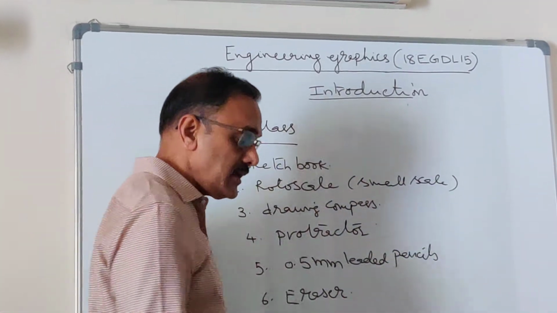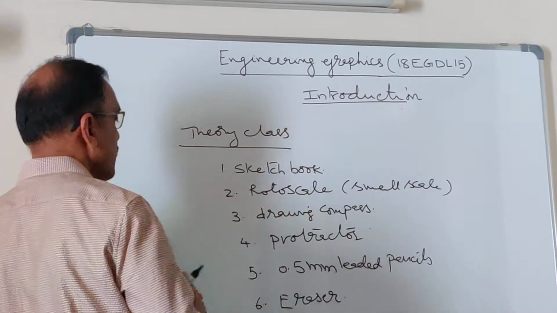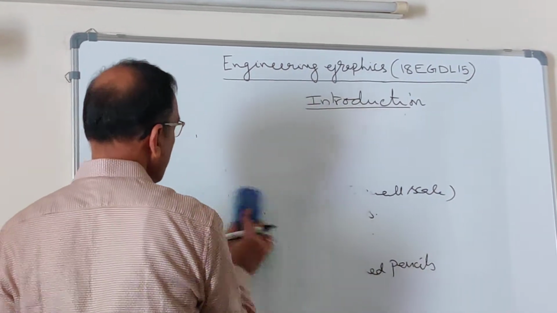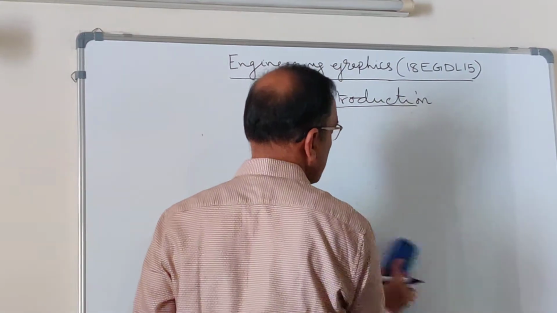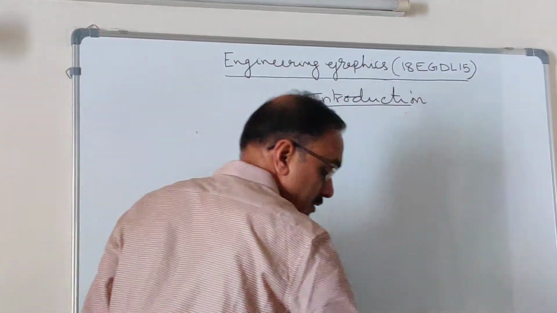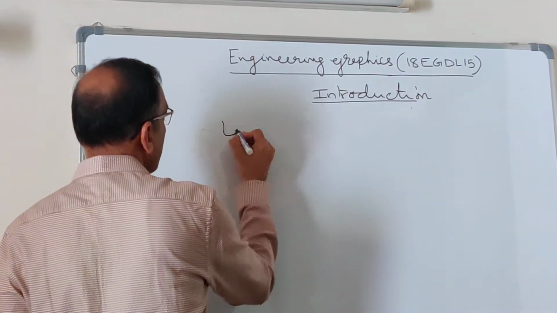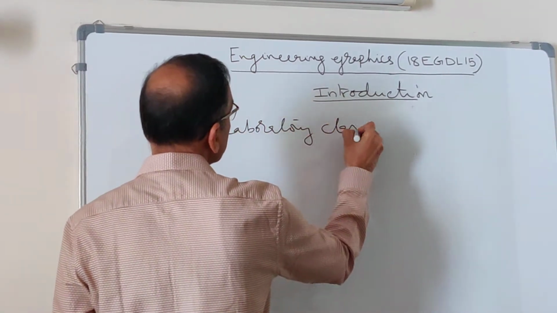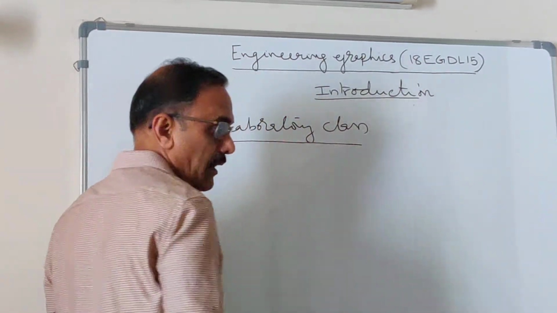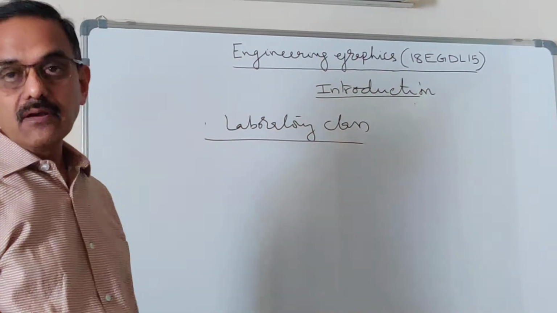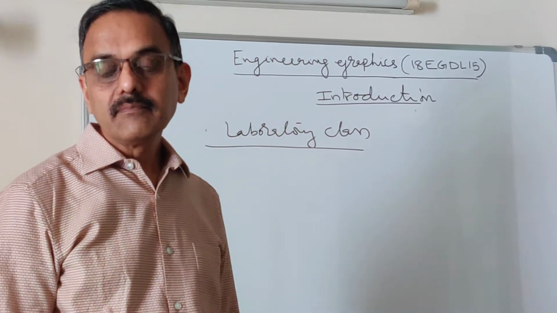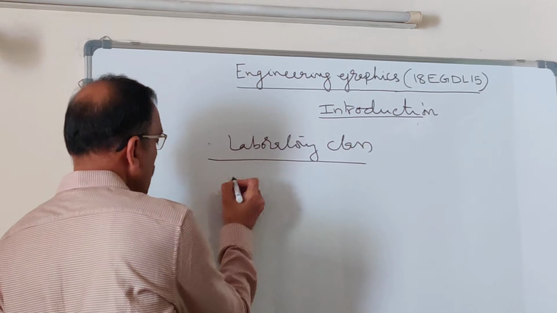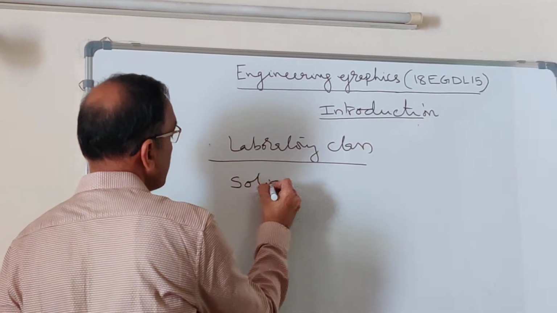Then what will happen during the laboratory class? Let me tell you. In the laboratory class, each one of you will be provided with a desktop, and the software that we are using there is called Solid Edge.